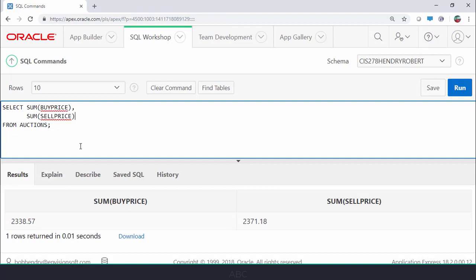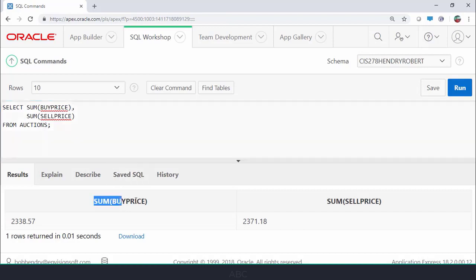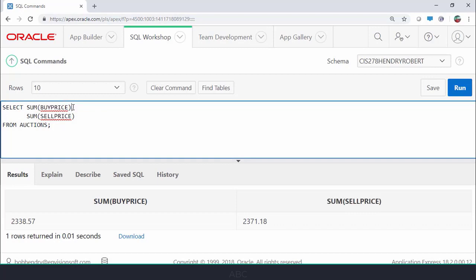Let me show you something else here, and we're getting off on a little bit of a tangent. Let's alias these columns. You see how our columns are exactly the name of our columns here? We can alias them by putting in AS, and we could put in, how about total buy price, and here we can say AS total sell price.